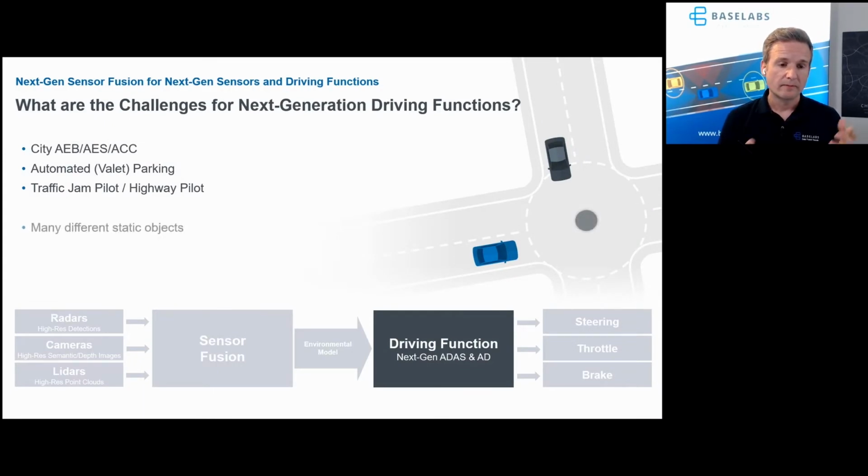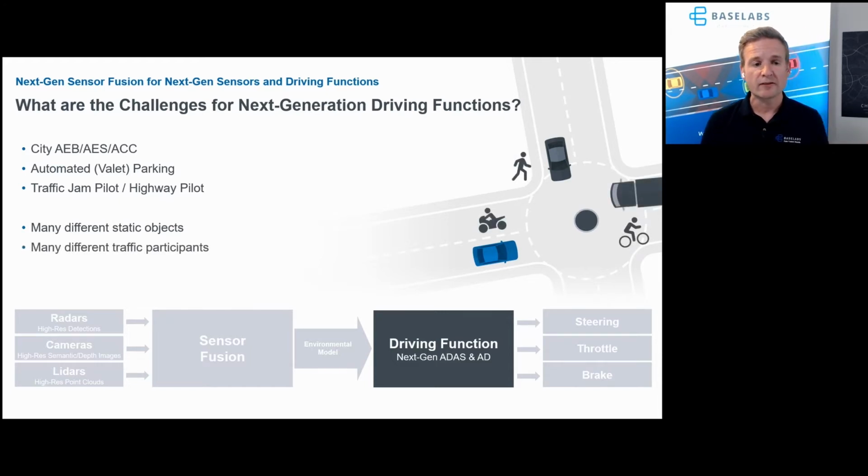So what we have seen is that on the one side, as I already told, we need to distinguish between different types of static objects, but as we all know, there are also many different traffic participants or dynamic objects in the scenes that we need to support.